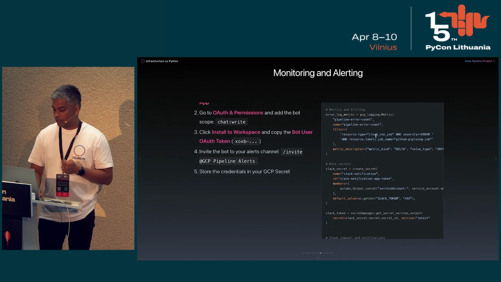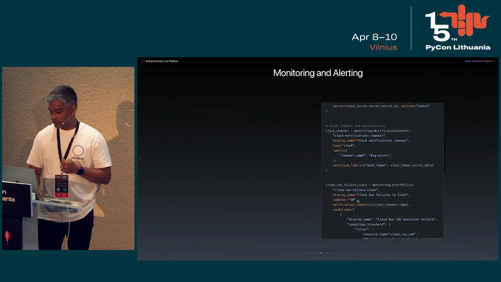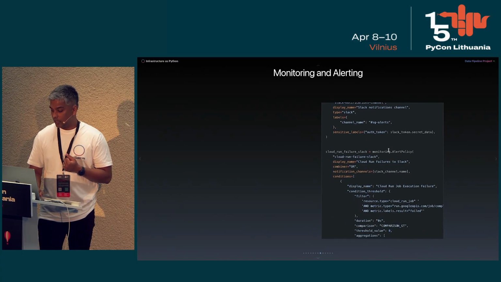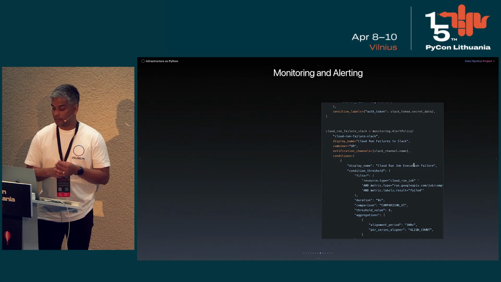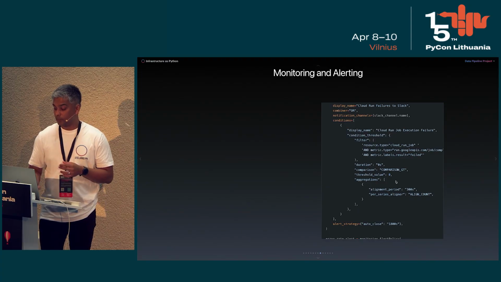There are metrics and also notification channels that are required to get that working, and then also the alert policy. So what are the conditions that need to be met so that GCP will alert Slack in case of failure. In this instance, if any Cloud Run job fails, then an error will be sent to Slack.